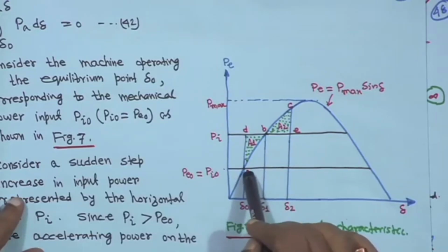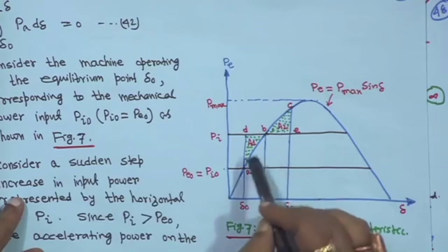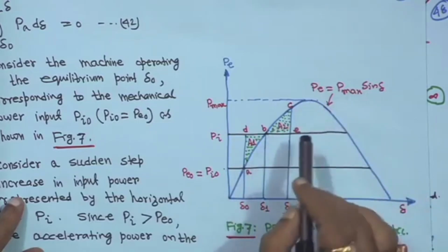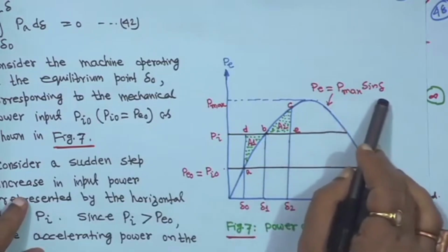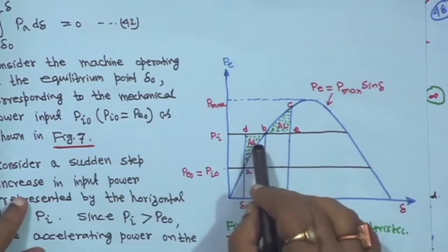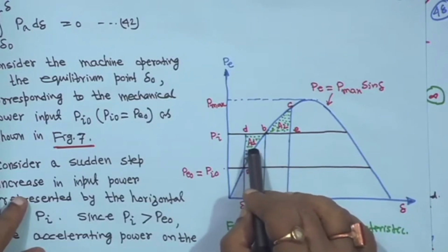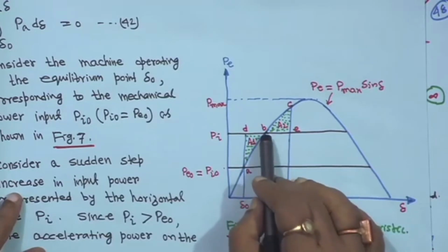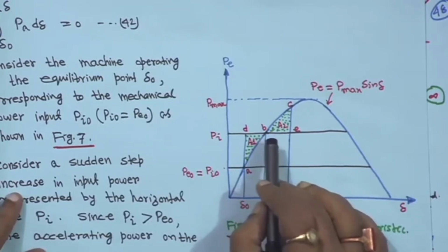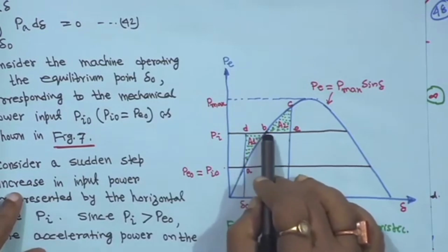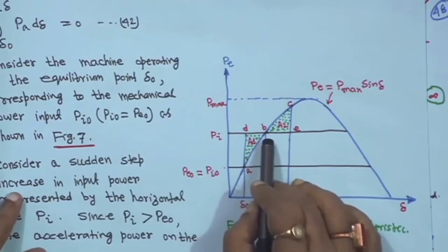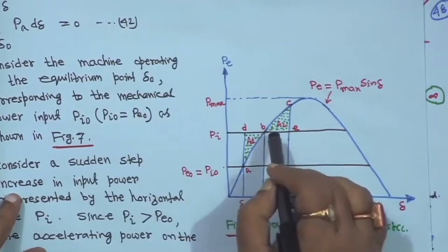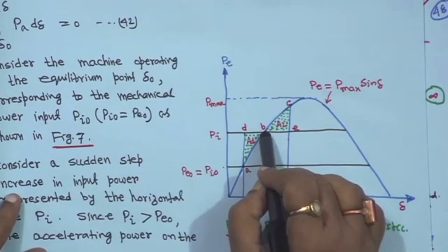In that case the rotor will accelerate and it will move along this path P is equal to P max sin delta, and at this time the rotor will store kinetic energy, right. So, it will come to point B, but at this point of course the accelerating power is 0, because P A is equal to P I minus P E, but at this point the rotor is running above synchronous speed.